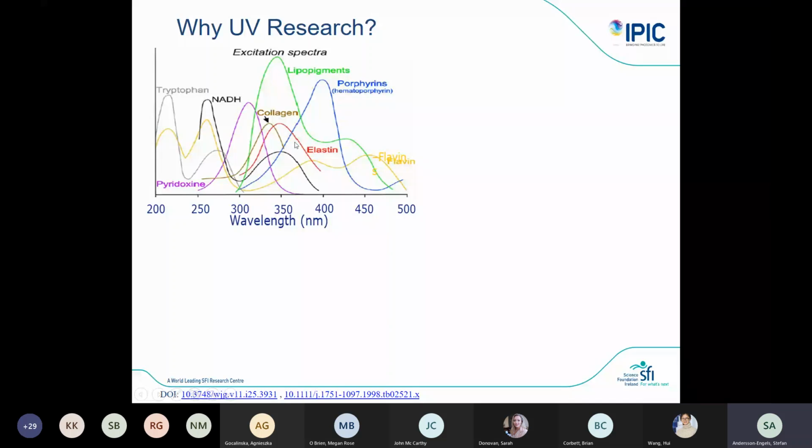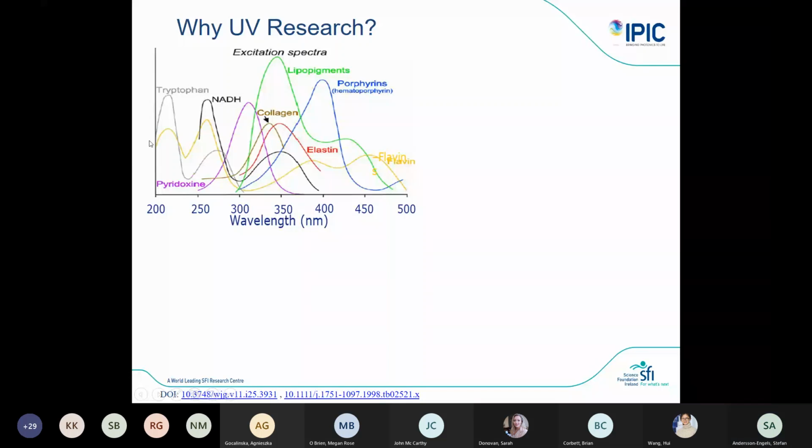You have collagen and elastin. They would mainly be fiber tissue that keeps tissue together, so extracellular structures. And you have lipopigmentation, so lipids basically, and porphyrins, that's part of the heme cycle.